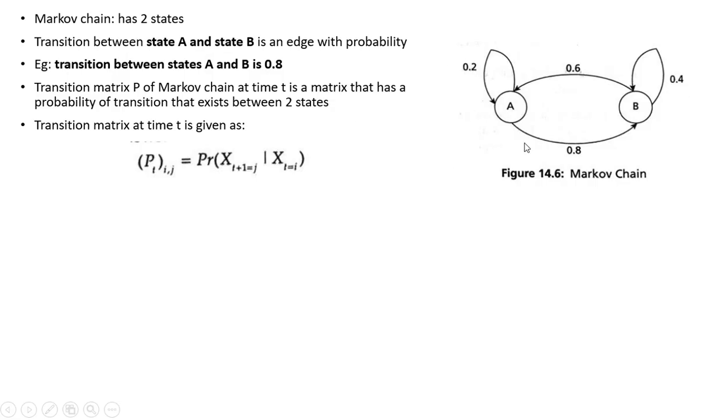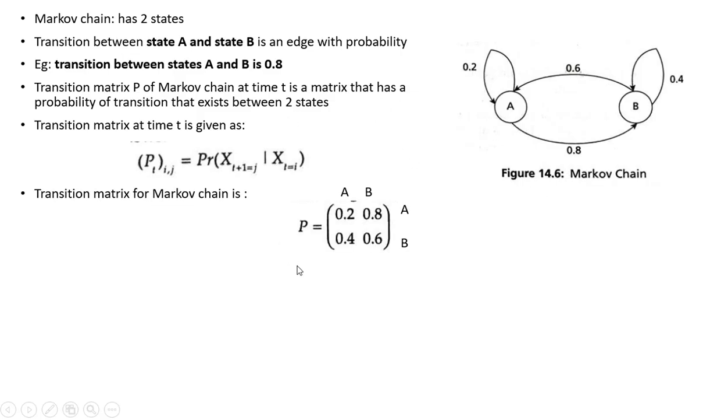For this Markov chain, we can write a transition matrix. How do we write this transition matrix? P is equal to, let's say, this row represents A and this row represents B. The transition from A to A, that means students remaining in University A, is 0.2, and students moving from University A to B is 0.8.